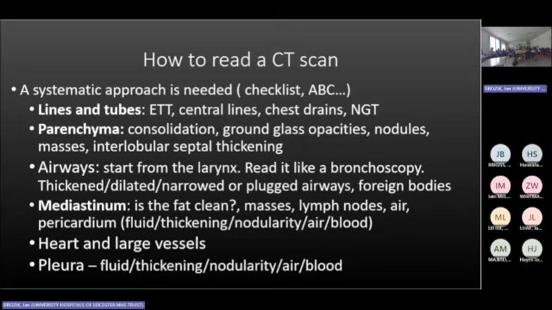Then you can assess parenchyma for consolidation, ground glass opacities, nodules, masses, interlobular septal thickening, typically seen in interstitial pulmonary edema. Then you can go to airways, and because you do bronchoscopy, basically reading CT is like doing a bronchoscopy.